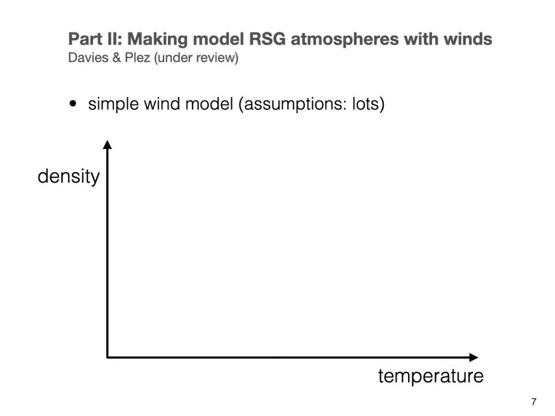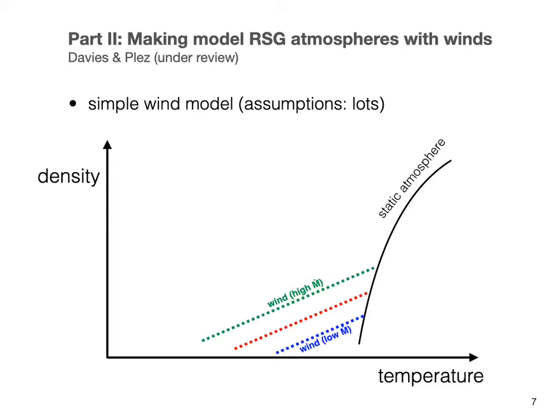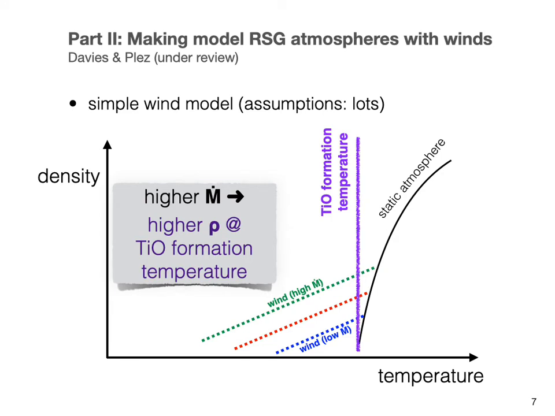So if we look at the schematic of a static model atmosphere, density as a function of temperature, by adding a wind, what we do is we increase the density at higher altitudes in the wind and therefore at lower temperatures. So if we look at where the titanium oxide forms, by increasing the mass loss rate, we increase the density at the titanium oxide formation temperature.